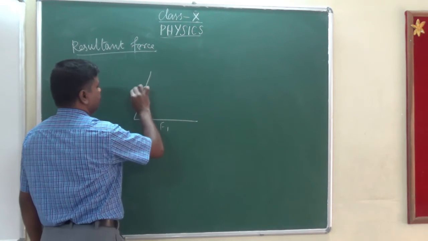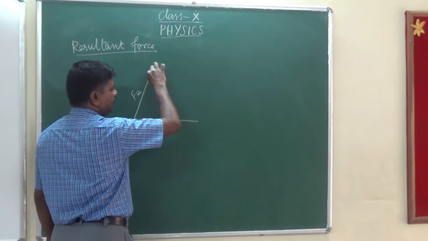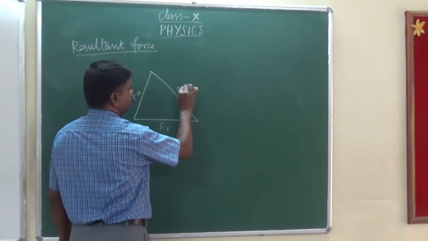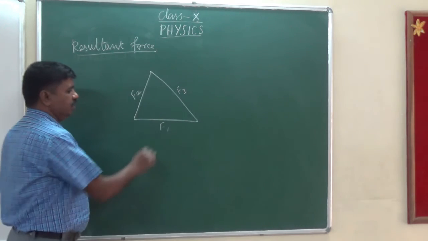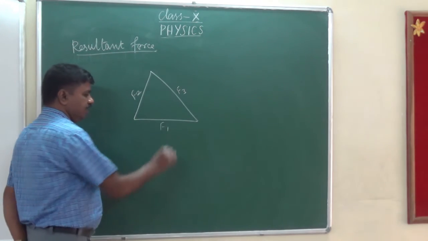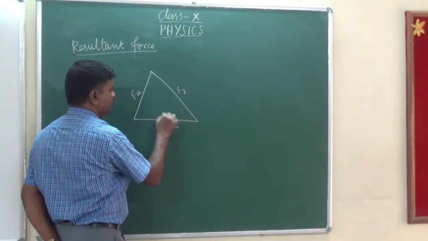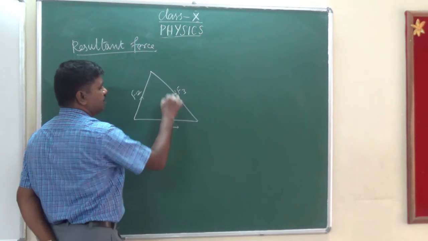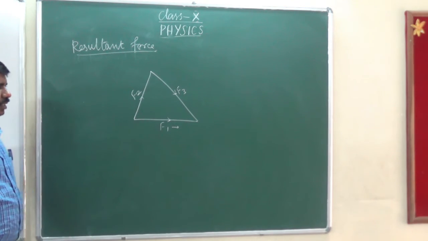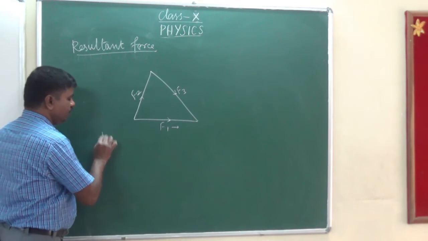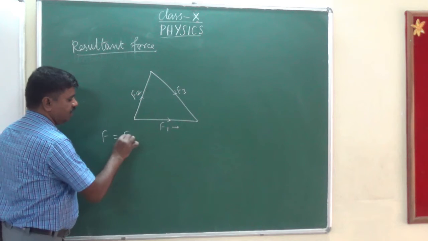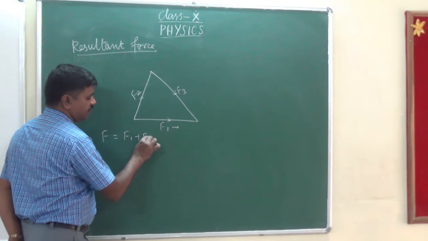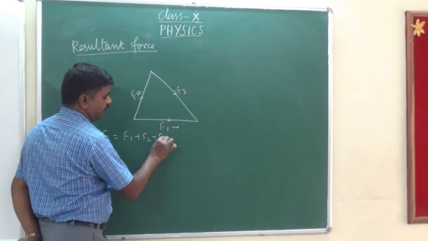For example, here it is F1 force, now it is F2 force, now it is F3 force. So the total force F equals F1 plus F2 plus F3.